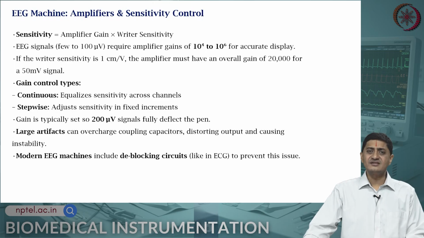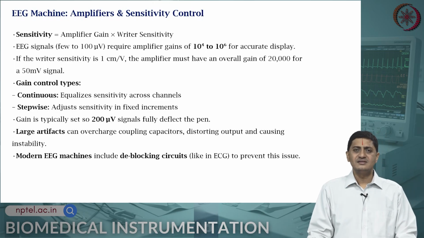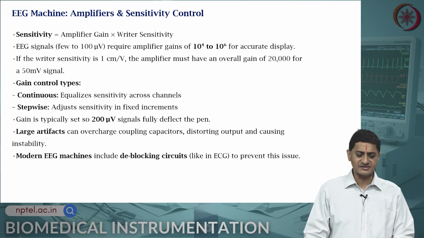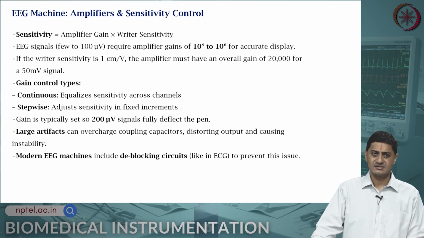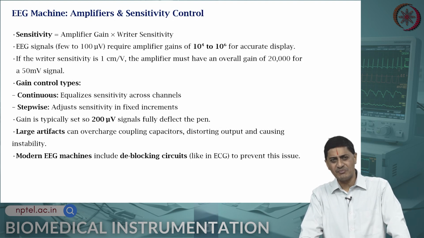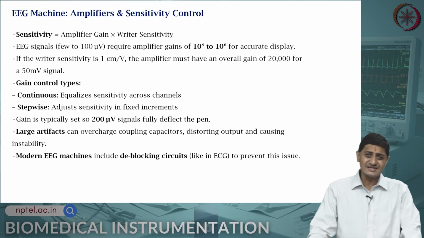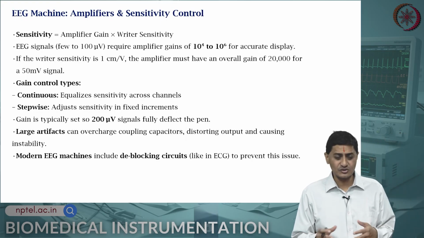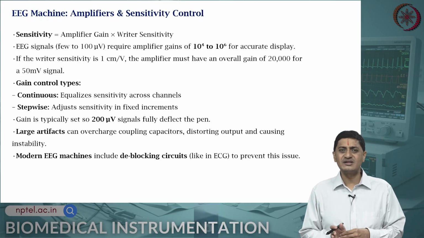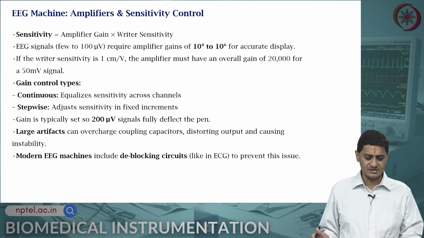The sensitivity that you see on the paper is essentially the gain of the amplifier times the writer sensitivity. Sensitivity is generally viewed equivalent to gain, but in this case what we are discussing is amplifier gain, and in this case we are discussing writer sensitivity. So, the total net sensitivity of the whole system is essentially the product of amplifier gain and writer sensitivity.